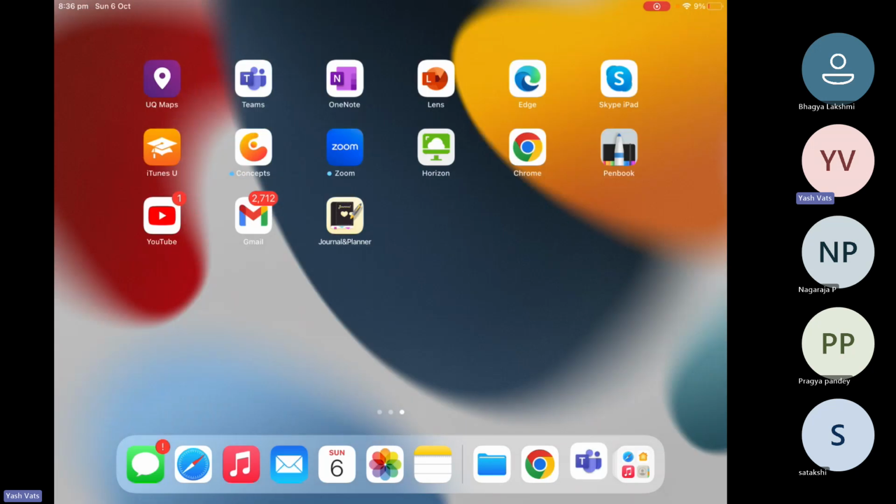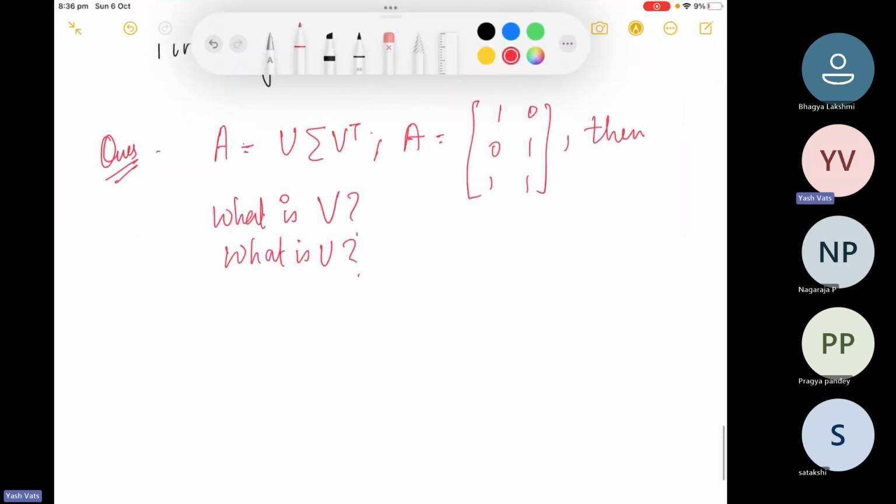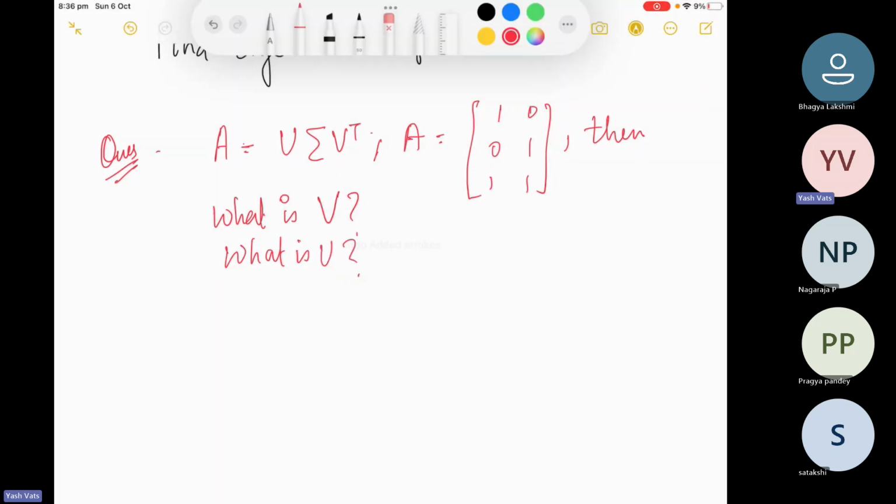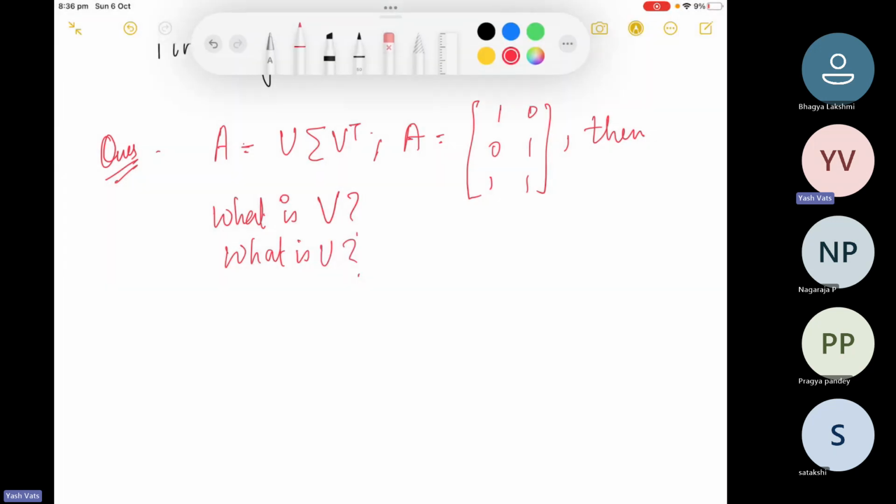Yes, so how will you find the matrices V and U in this case? That's also easy. We have to calculate A transpose A. A transpose is for V. So that is 1 0 0 1 1 1, and A is 1 0 0 1 1 1.